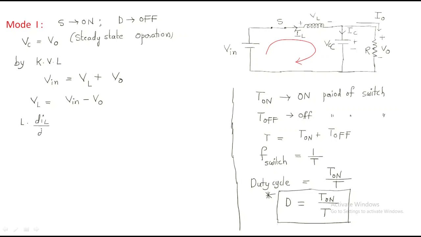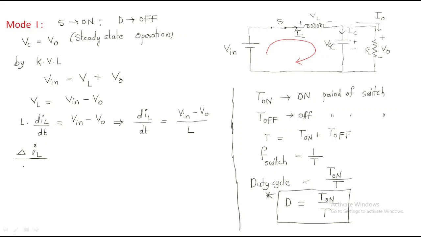Inductor voltage is L into dIL by dt, equal to V input minus V output. From this I can write dIL by dt equal to (V input minus V output) by L. So I can write the difference of IL as the change in current, and dt is nothing but the change in time.